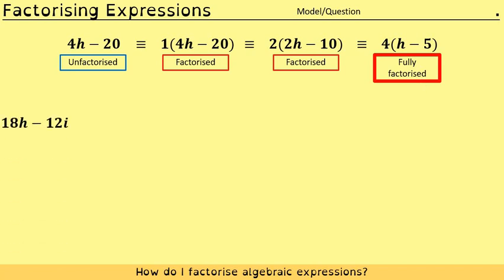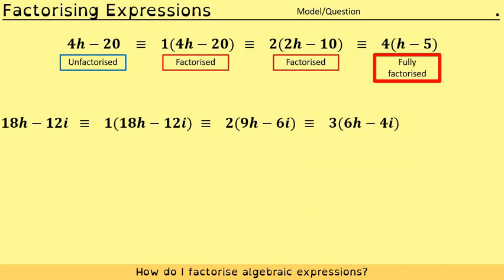So I've got 18h take away 12i, and there are many factorised expressions we can write for this expression. So I can have 1 and 18h take away 12i, 2 and 9h take away 6i, 3 and 6h take away 4i, and then 6 and 3h take away 2i.